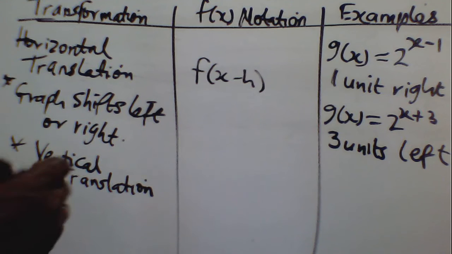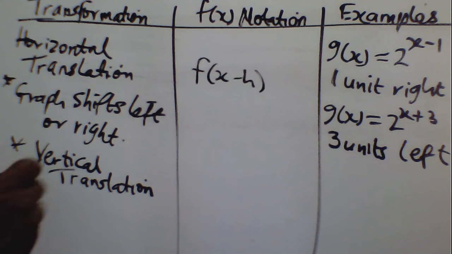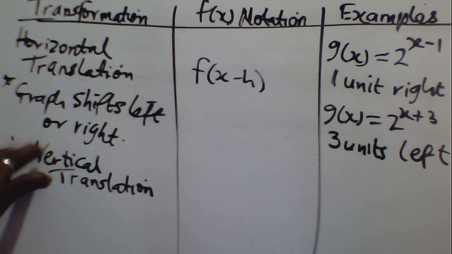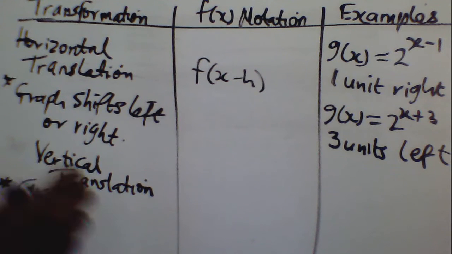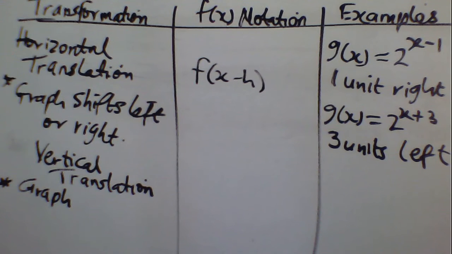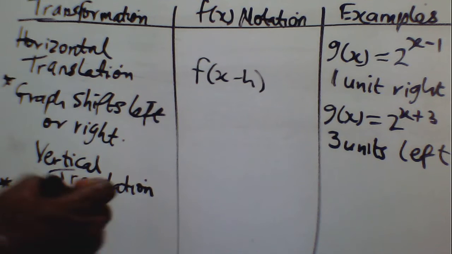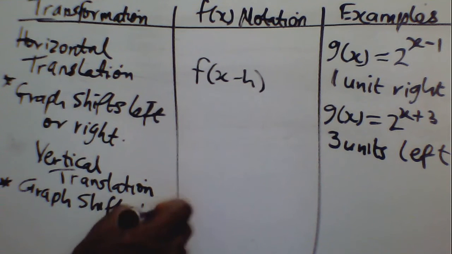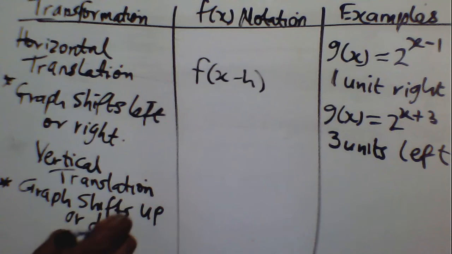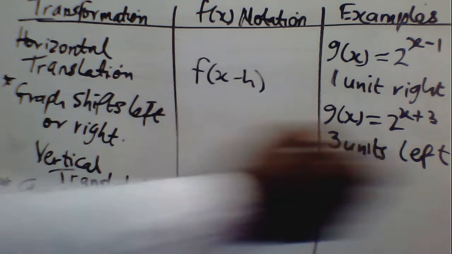For vertical translation, the graph shifts up or down. So the graph will shift up or down.